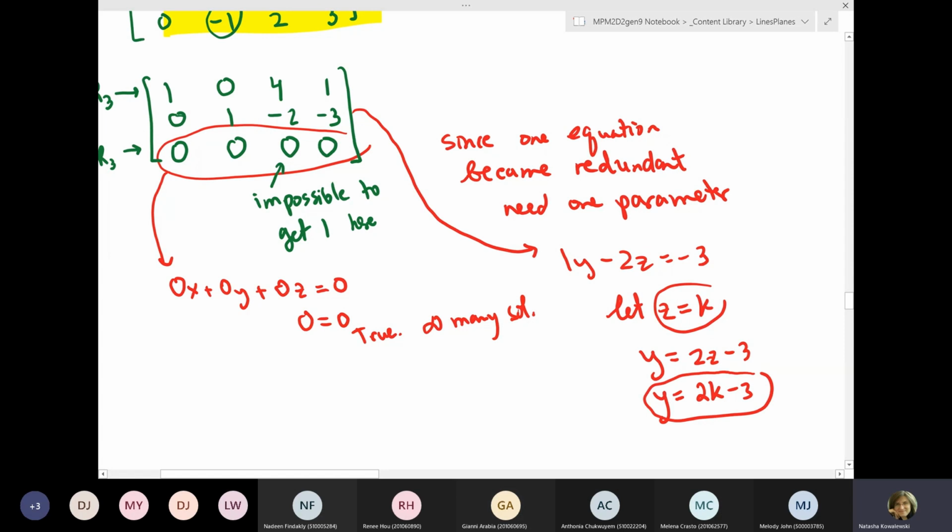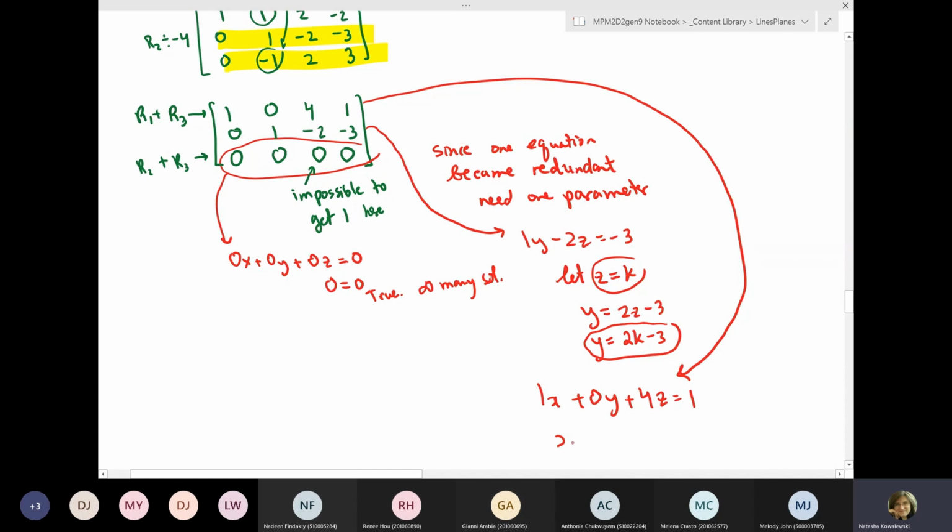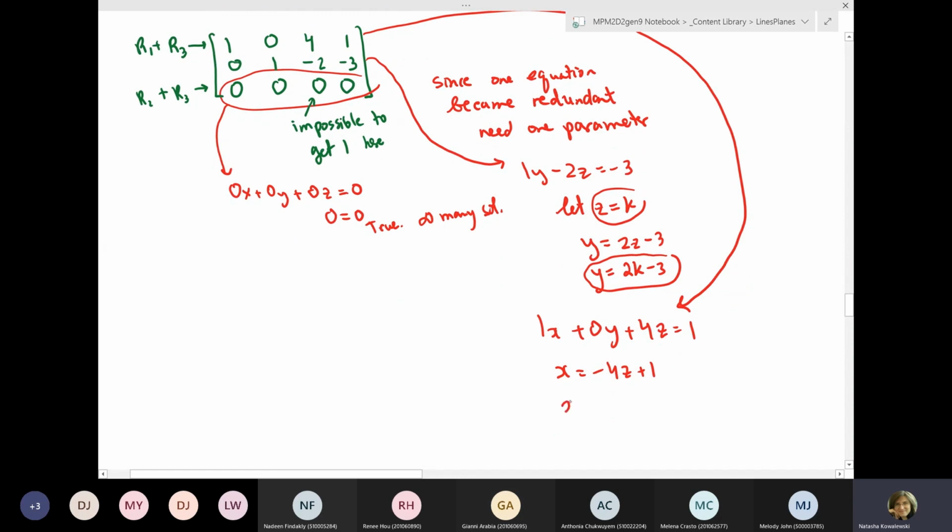And then you go back to where we had the 1 as well. So let me draw an arrow this way. We have 1 with an x, 0y plus 4z equals 1. So getting x by itself will be -4 on the z plus 1. But z is just k. So x is equivalent to -4k plus 1.